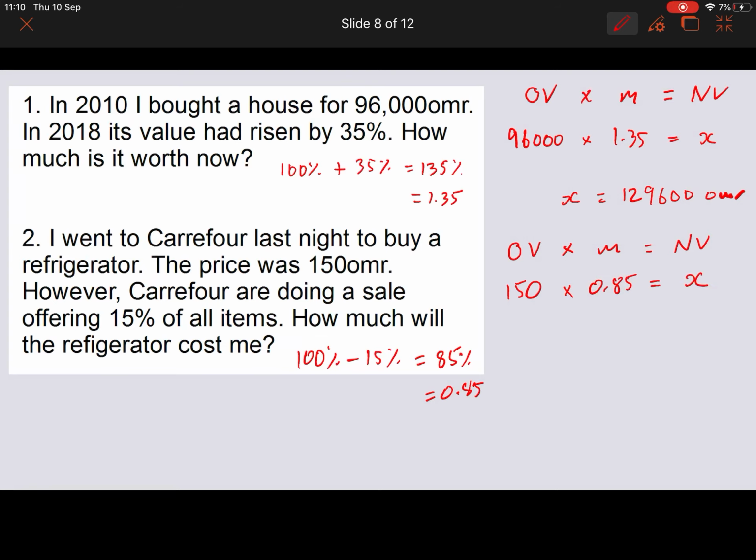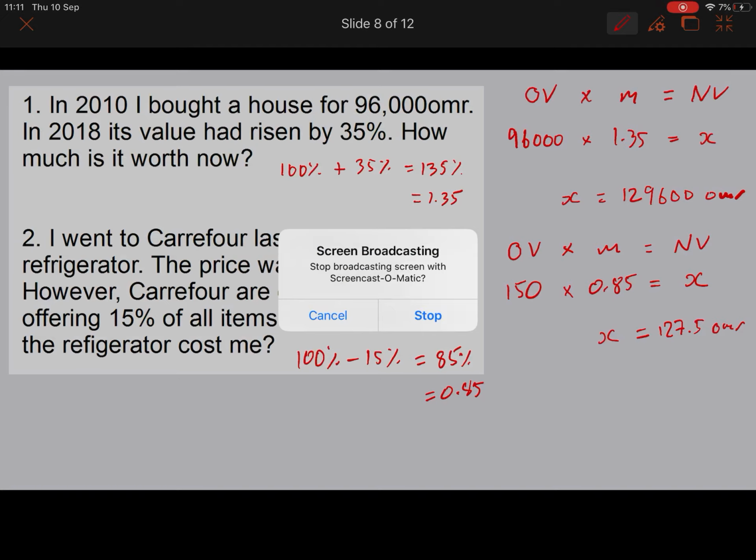So we do 100% minus 15% equals 85%. So the multiplier is 0.85. And the new value is what I want to know, so I don't know it yet, so I call it x. So x is equal to 150 times 0.85, which is 100.